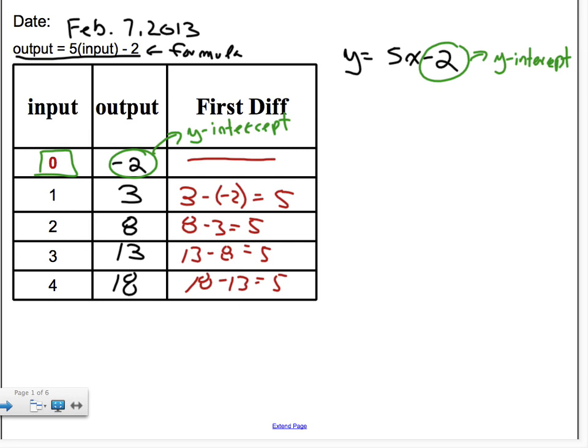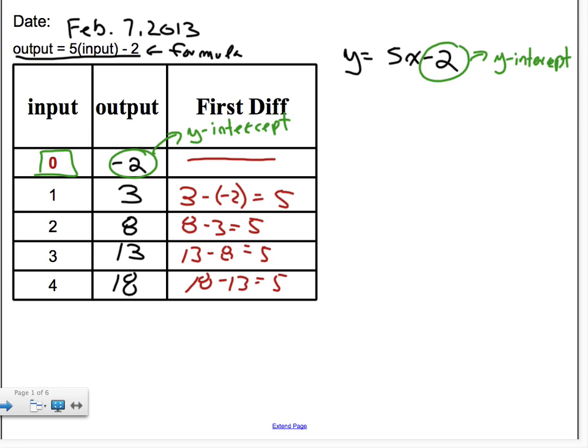Another thing that we see from our table is similar between our table and our equation. Andrew. All right. What is it that we see? The first difference is 5, and so is the slope.